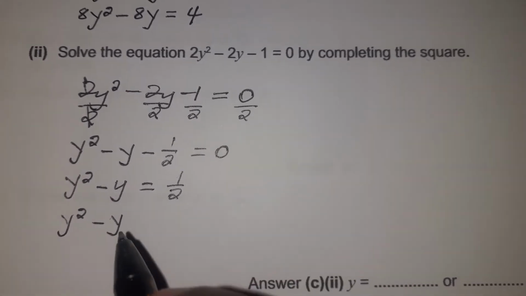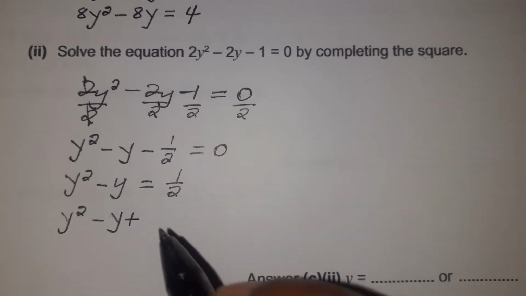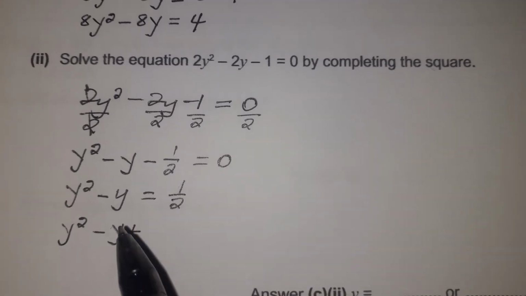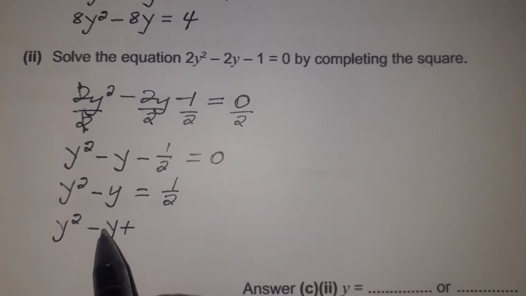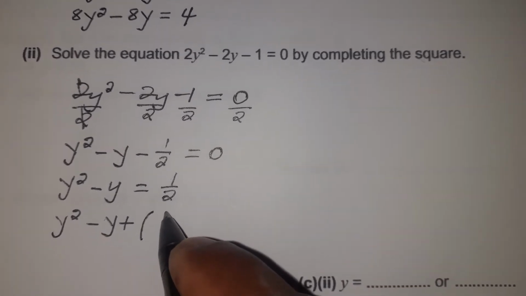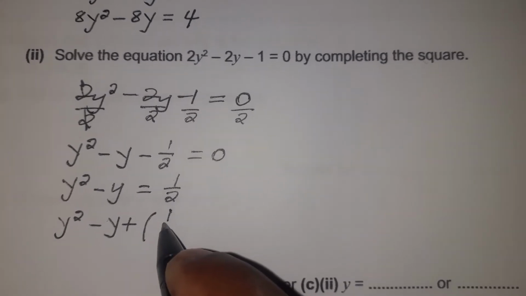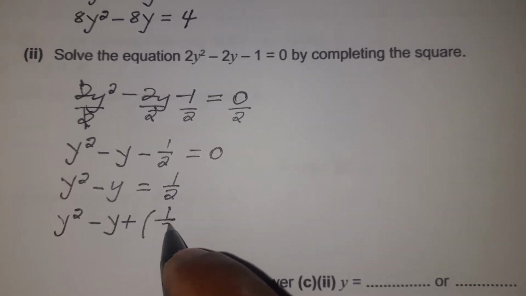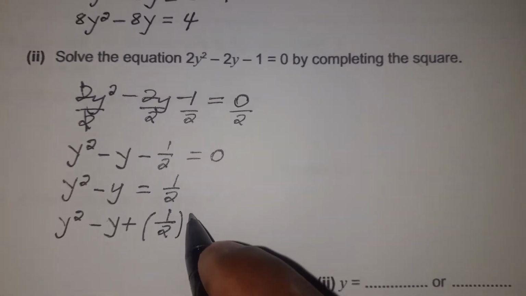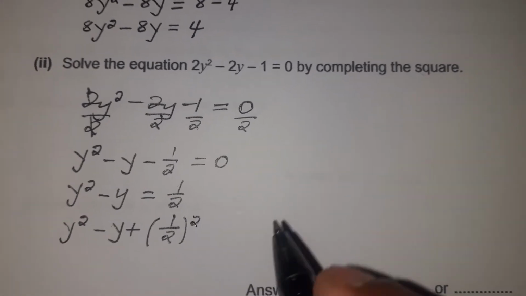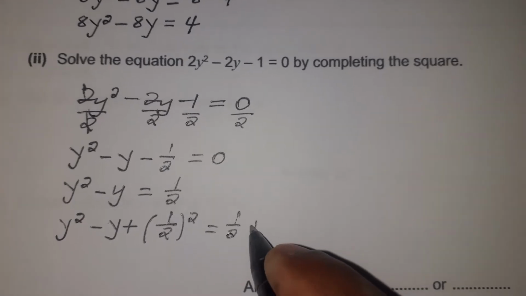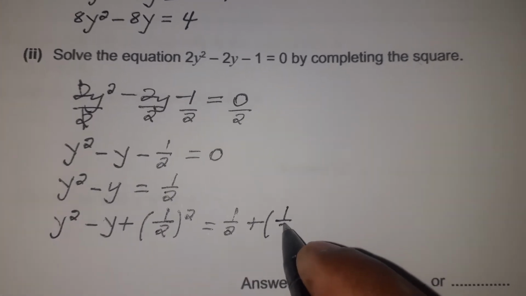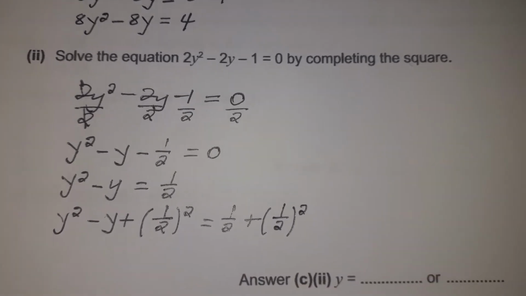Then we have to add. We take the number in front of y, which is 1, we divide it by 2, and we square that. We also do it on the other side. We take 1, divide by 2, and then square it.